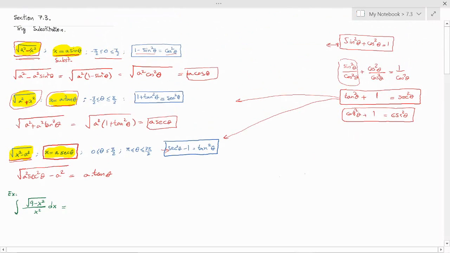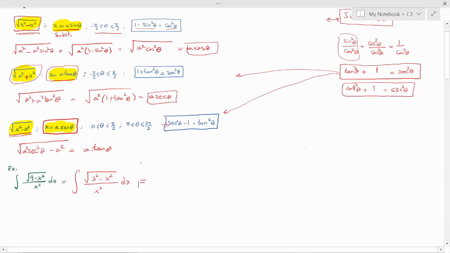It's similar to a squared minus x squared, where in this case, a is given to be 3. So what you have is the integral of square root of 3 squared minus x squared divided by x squared dx.